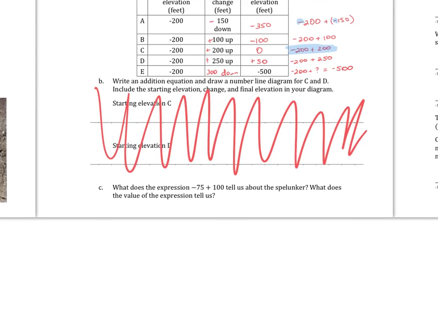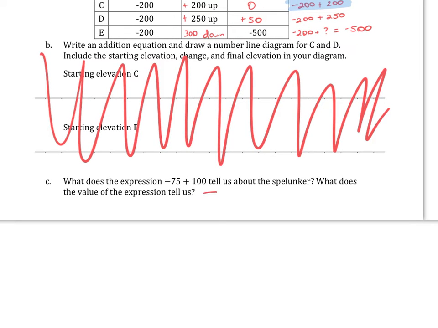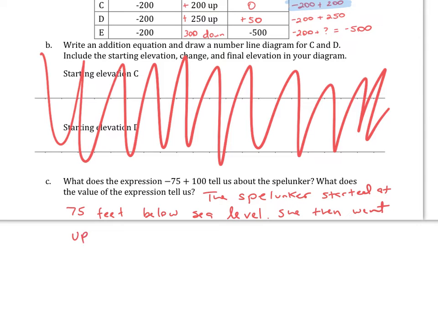So this tells us the Spelunker started at 75 feet below sea level. She then went up 100 feet.